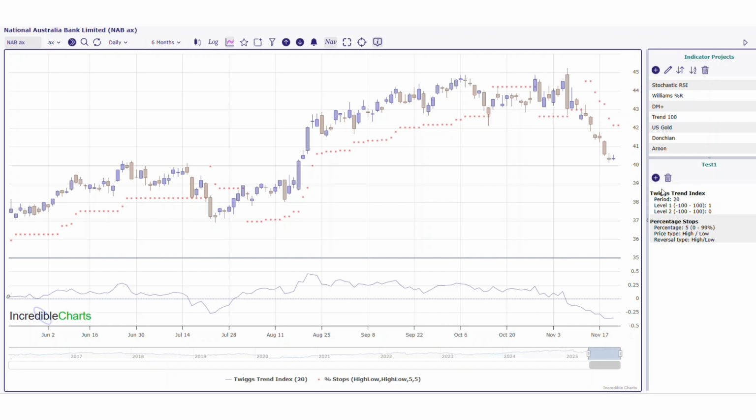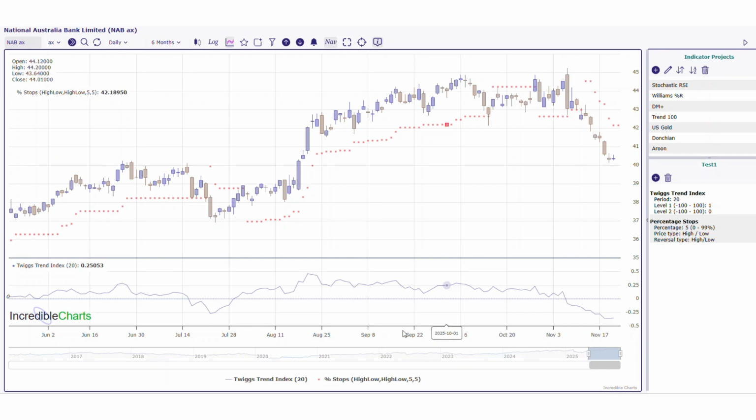You can see there, percentage stop at 5%, calculated on the high. It's triggered here when the low breaks through the percentage stop and flips to basically a bar stop above the high.